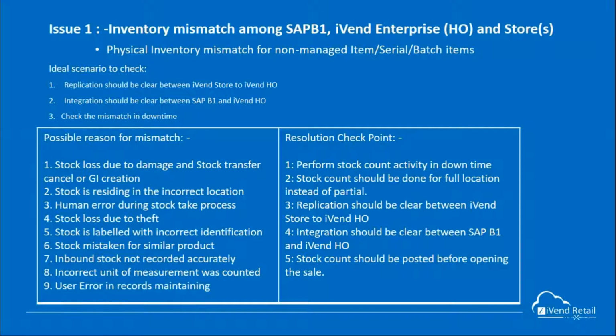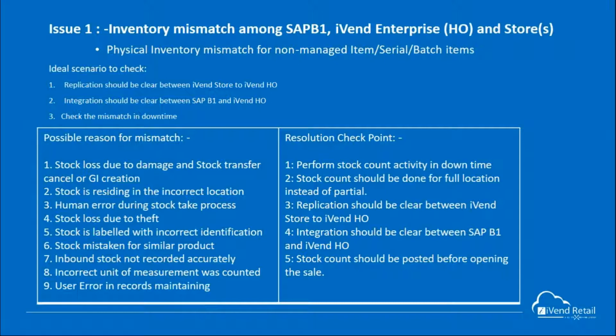Then they raise the issue with support that inventory is not available. So the activity that we basically undertake is called inventory matching. But we cannot blindly do the inventory matching. First, we need to find out the reason why the inventory mismatch happened.